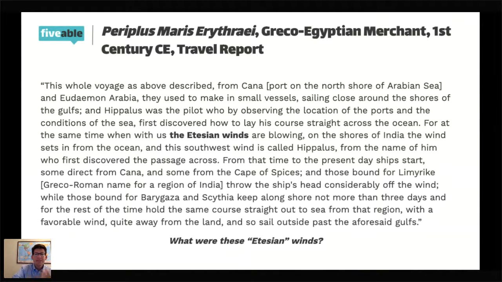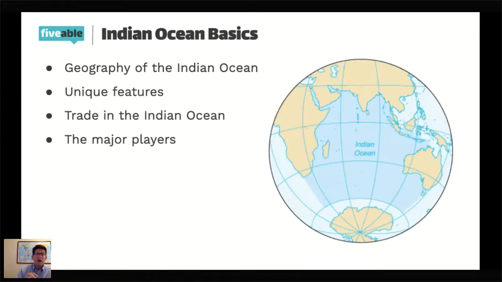So let's keep thinking about that and consider just what he's describing with some basics of the Indian Ocean. First and foremost, let's talk about the geography here of the Indian Ocean. You have this great map that Wikipedia and Wikimedia Commons has provided for us, showing the extent of the Indian Ocean.